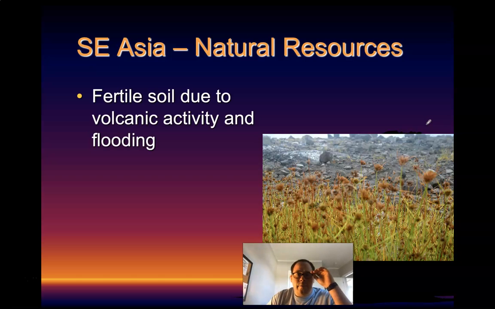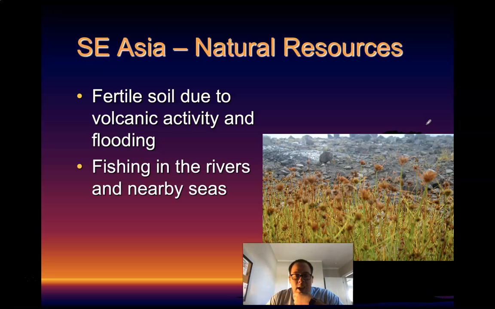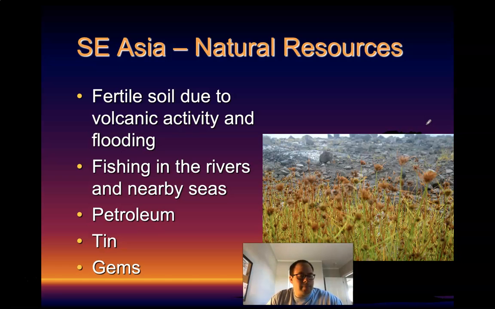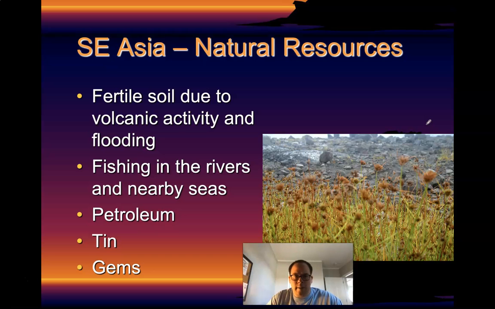So there's fertile soil due to the volcanic activities and all the flooding that happens. There's fishing, petroleum, tin, gems. All of these natural resources are what's available to most Southeast Asian countries.